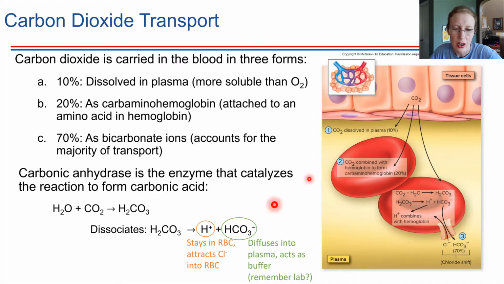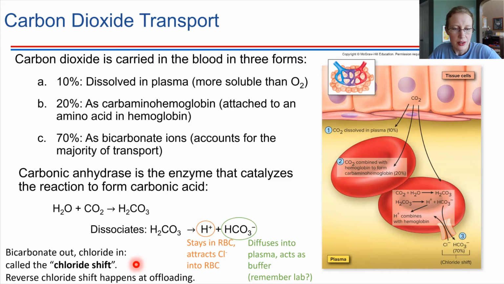So we've got bicarbonate diffusing outwards and chloride diffusing inwards. It's attracted to where this proton is. This is called the chloride shift. The reverse of it takes place when carbon dioxide is ready to be expelled from the body. So when we're ready to breathe carbon dioxide outwards, it's just the reverse reaction of the chloride shift. So that's it as far as what we'll be covering with chapter 16.